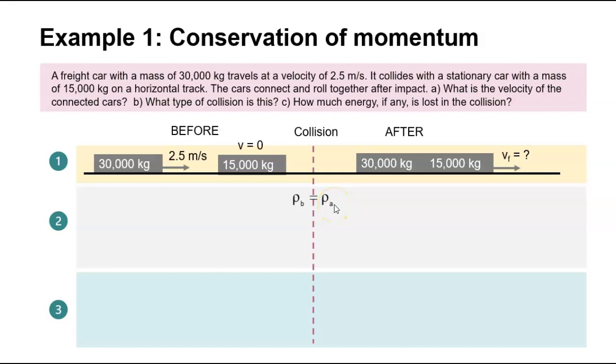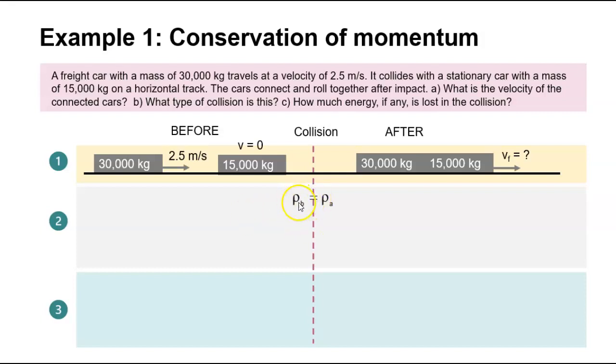And so I want to write that down, and I want to write the equal sign at the collision. Now, many of you will say, why do I have to write that down? Do you know that you get a point for writing this statement down on your AP exam? So get into the habit of applying the law of conservation of momentum at the start of the story.